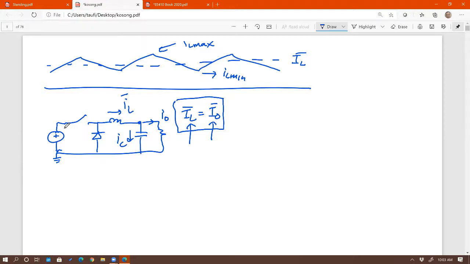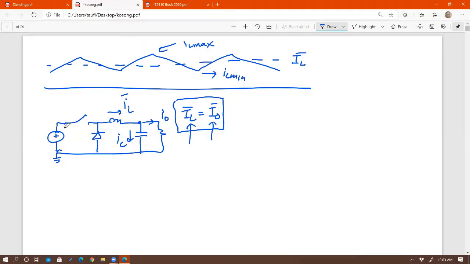Whenever we are designing a converter, eventually we're going to be sizing components, including knowing IL average. That would be required, for example, in sizing the switch current rating and diode current rating.